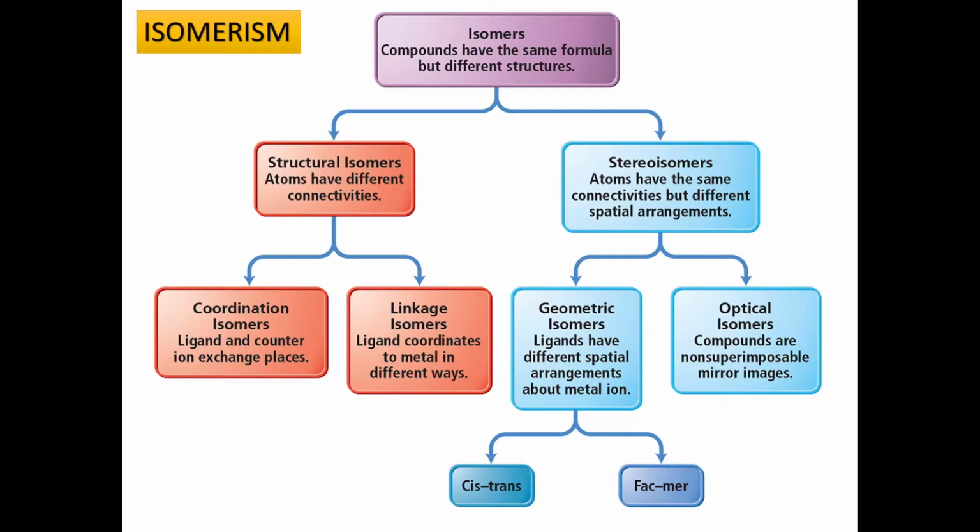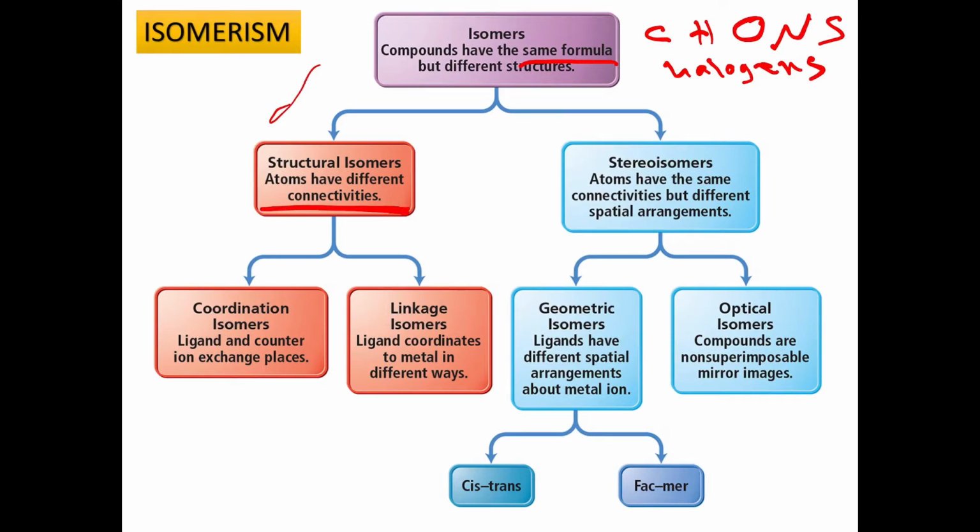So let's recap a little bit about isomerisms. An isomer is a compound that has the same formula, the same number of carbon, hydrogen, oxygen, nitrogen, sulfur, halogens, but a different structure. In structural isomers, there is different connectivity.